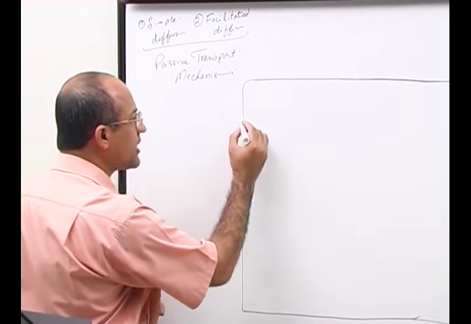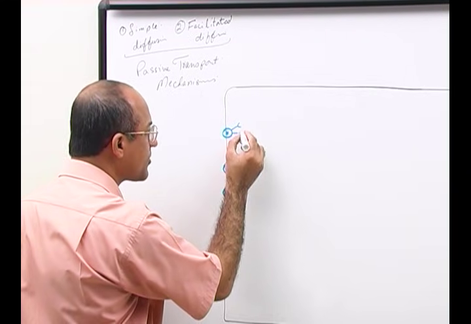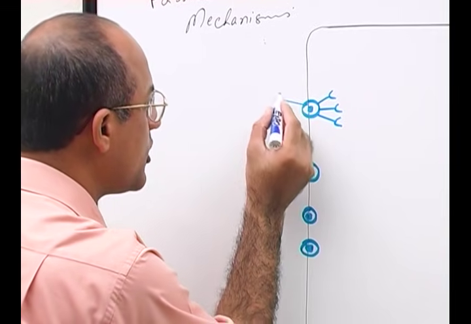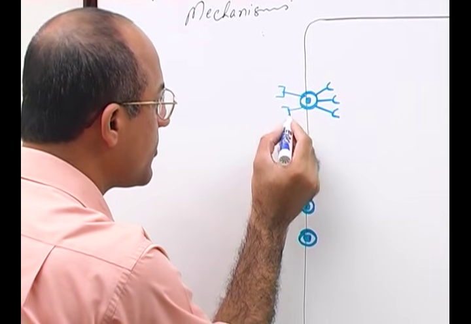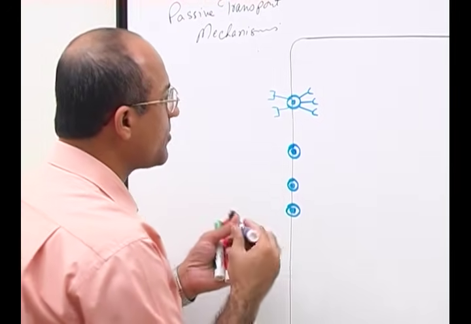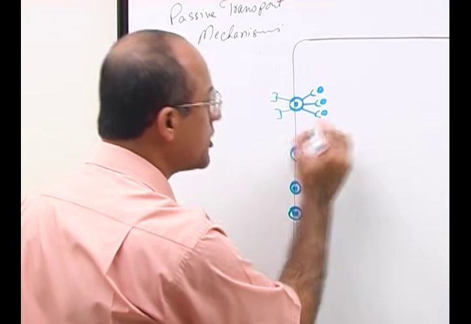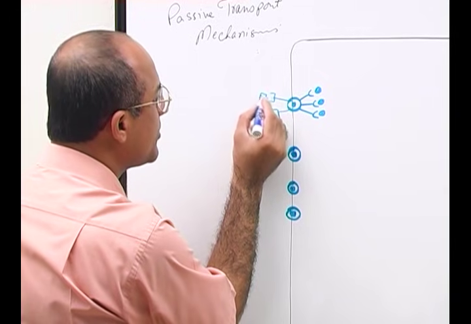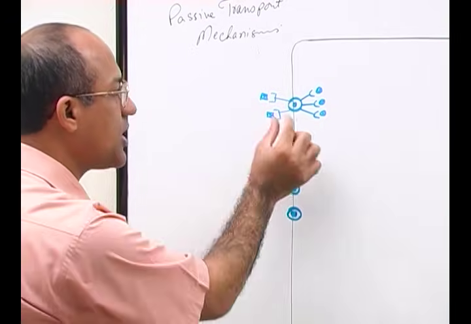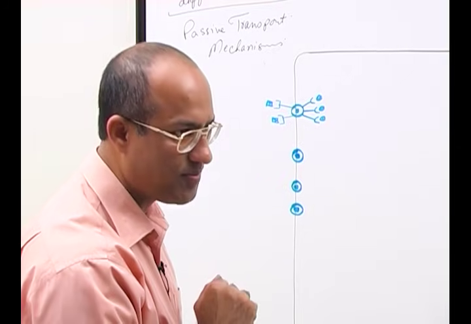These proteins are a special type of carrier proteins. They have 3 pockets here, and they have 2 pockets here. In this pocket, it will bind sodium, and sodium. And here it will bind potassium. So what really happens, this is a very special type of protein which is inserted in the membranes of all cells.